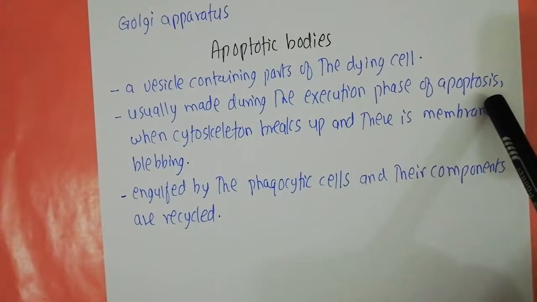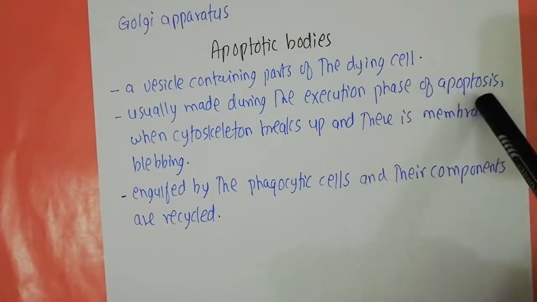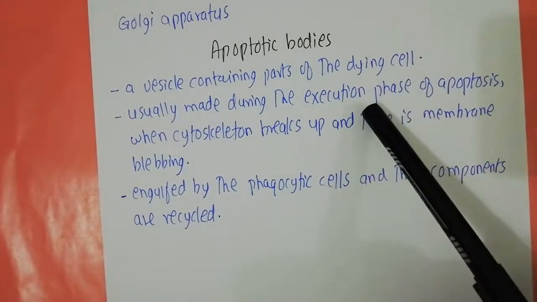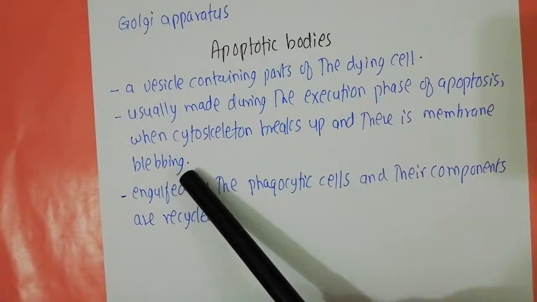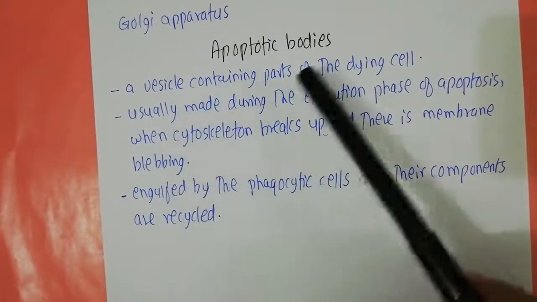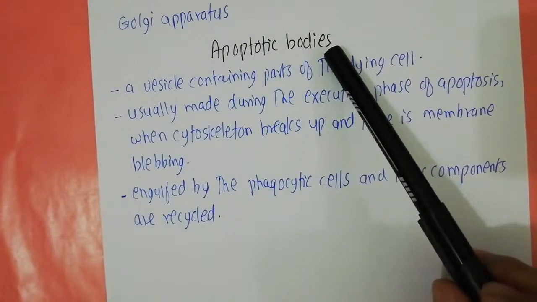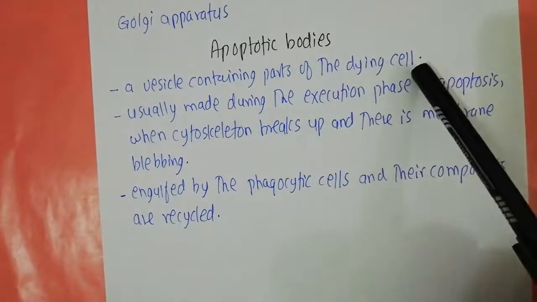That means once you have activated the executional caspases, you have executed the apoptosis, and during this execution phase, when the cytoskeleton breaks up and there is membrane blebbing, as a result of the cytoskeleton breakup and the membrane blebbing, these apoptotic bodies are made. So these apoptotic bodies contain parts of the dying cell.